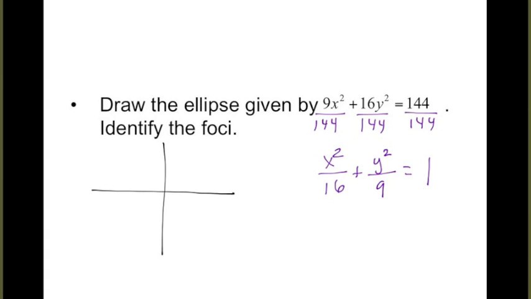what we're going to do is take the number underneath the x, so 16. We are going to take the square root of it, which is 4, and that tells you how far to go in the x direction since it was underneath the x. So I'm going to go in the x direction from the center 4, left and right.